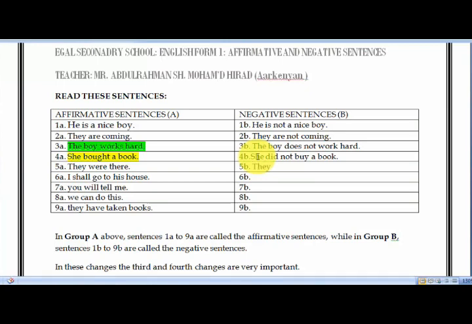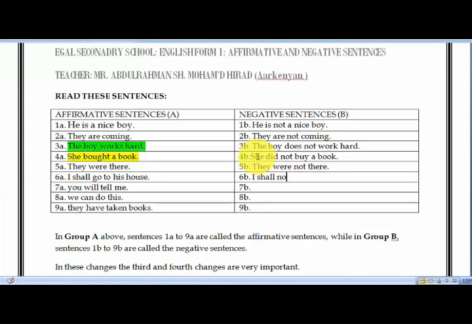I have told you when a sentence has got a verb to be, no need. They were not. They were not there. That's all. Next, modal auxiliaries.